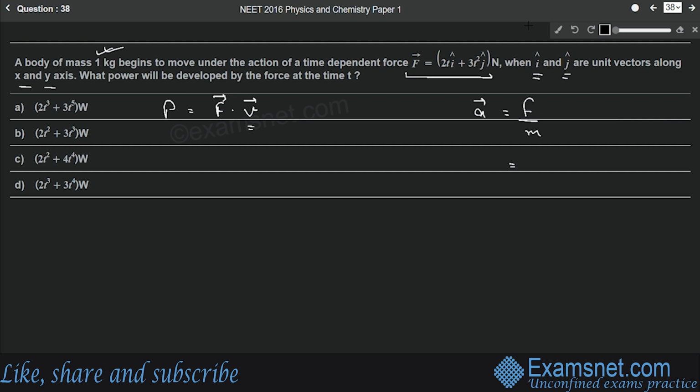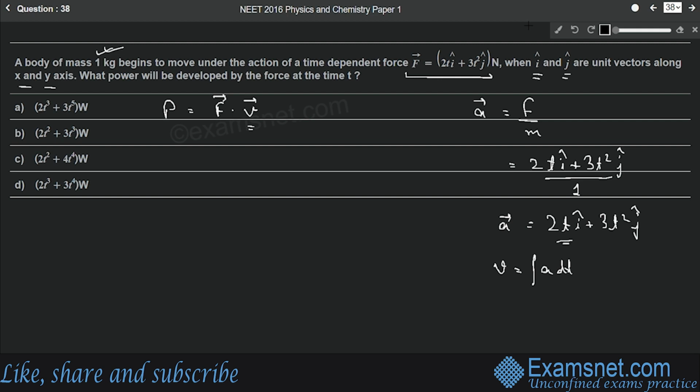Okay, force is given as 2t i cap plus 3t square j cap upon mass, which is given as 1 kg. So here we get 2t i cap plus 3t square j cap only. Okay, this is the acceleration. Now what will be the velocity? Velocity will be the integration of a dt.